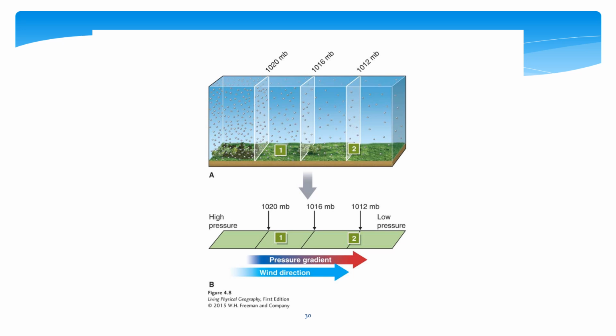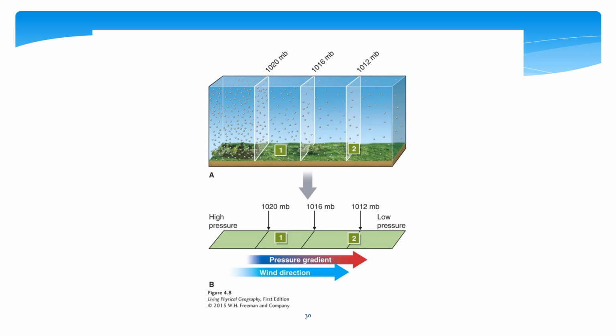Notice that at certain stages throughout the box, we have different air pressures written here: 1020, 1016, 1012. And side note, when we are putting isobars on a map, we go in increments of 4 millibars of pressure. So there's a difference of 4 millibars of pressure between each line on the iso map.